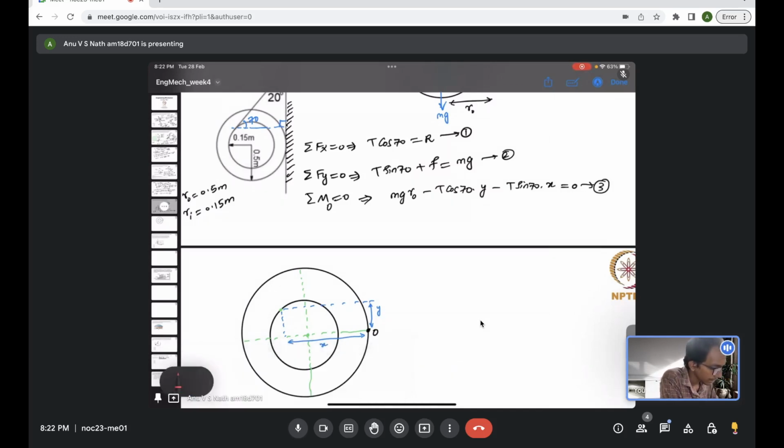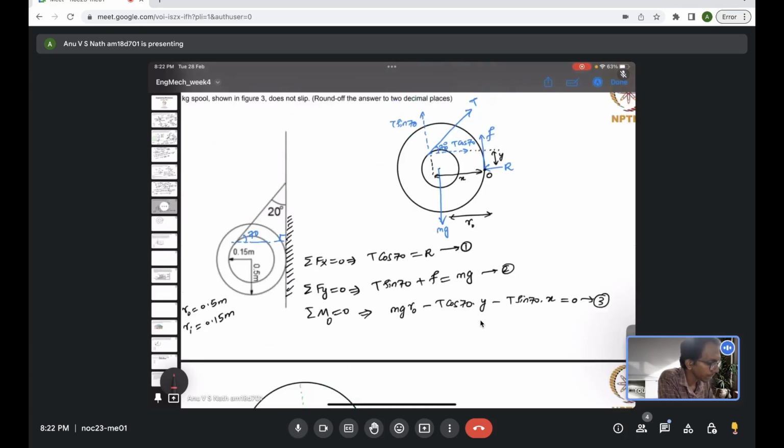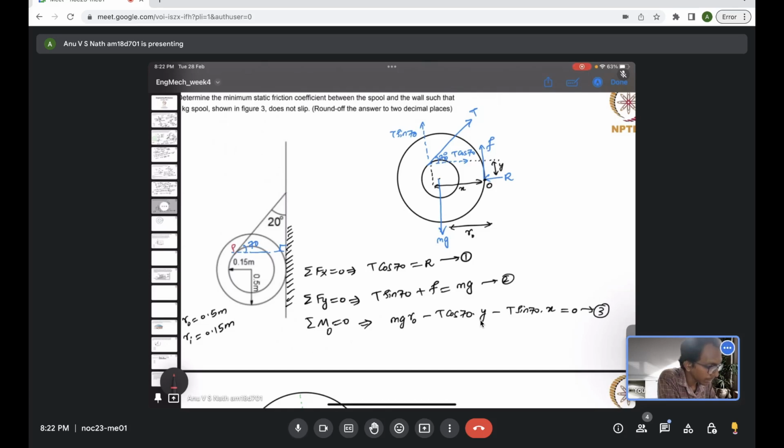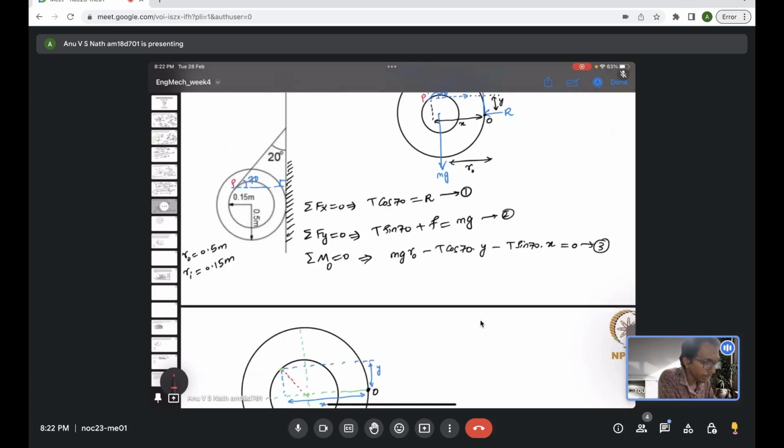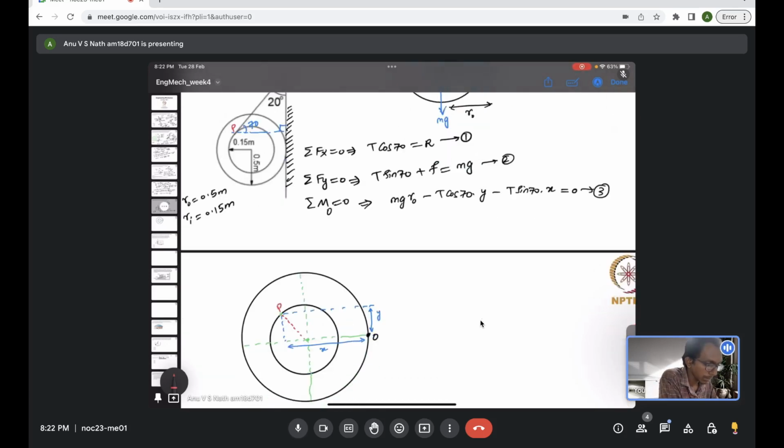So let me draw this connection from the centroid to this point. Let me call that point P. P is the point where the string is attached, and the string is passing tangential to that point. So basically this angle is 90 degree, it's actually tangent, right?